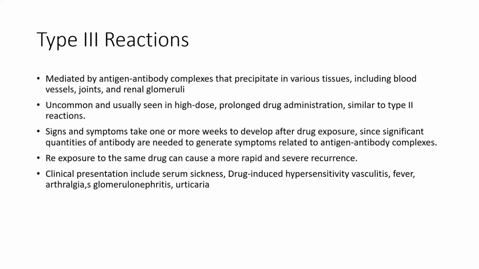Type 3 reactions are mediated by antigen-antibody complexes that precipitate in various tissues, including blood vessels, joints, and renal glomeruli. They are uncommon and usually seen in high-dose prolonged drug administration, similar to type 2 reactions. Signs and symptoms take 1 or more weeks to develop after drug exposure, since significant quantities of antibody are needed to generate the symptoms.